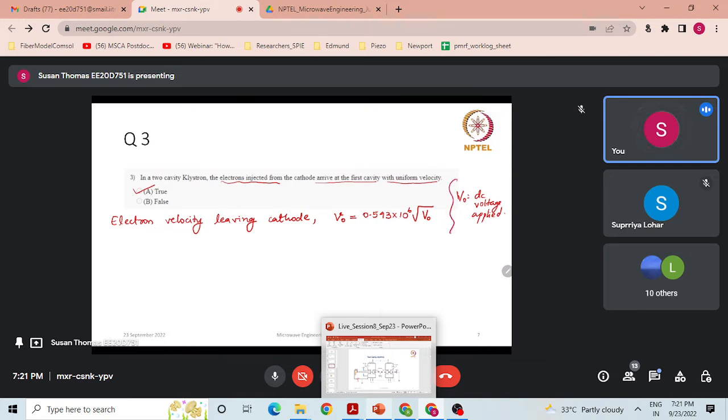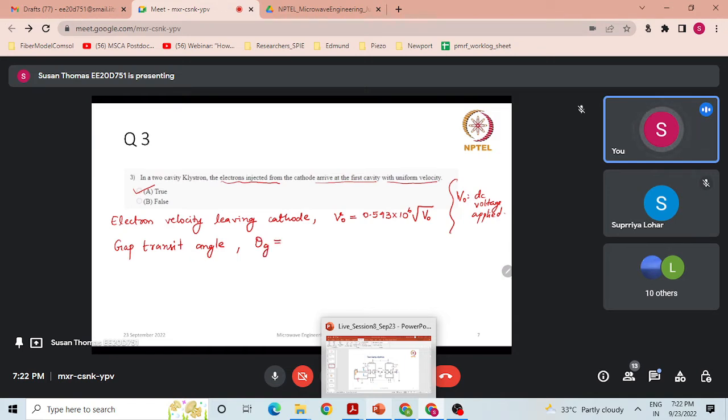The other thing is the gap transit angle. These have all been discussed in the video lectures; I am just giving the brief.